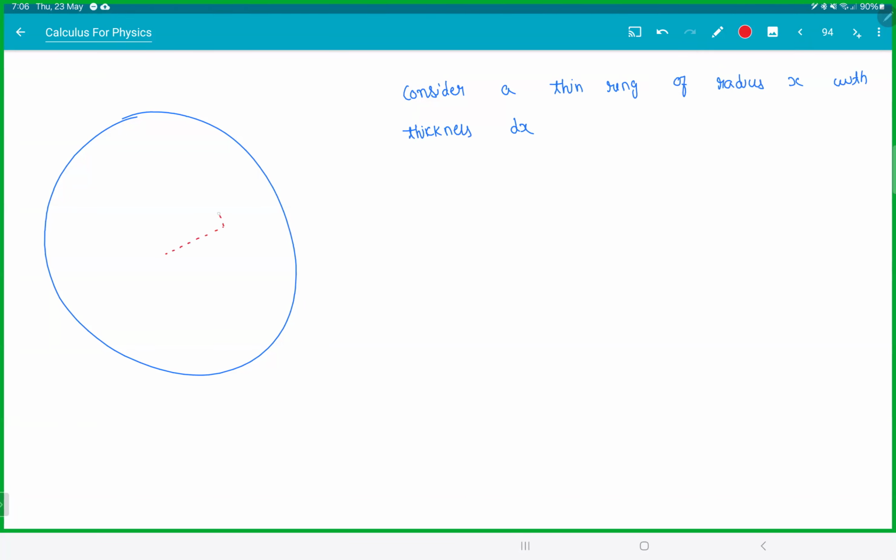Ideas are simple, but you should know how we should do it. If you know it once, then you'll get the hang of it. So you take a thin ring like this. At a distance x, we take a thin ring of thickness dx.